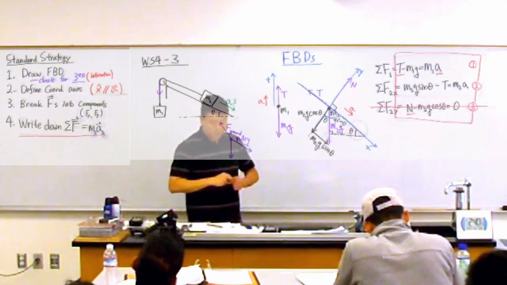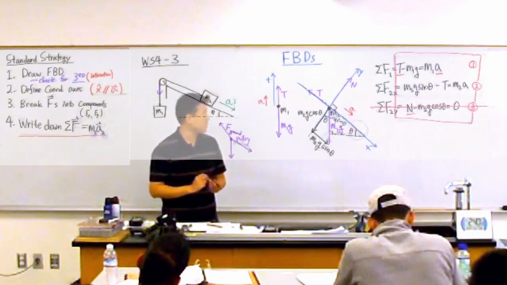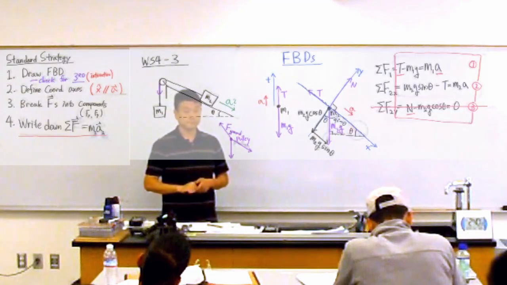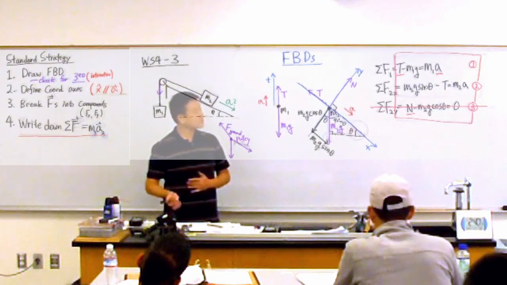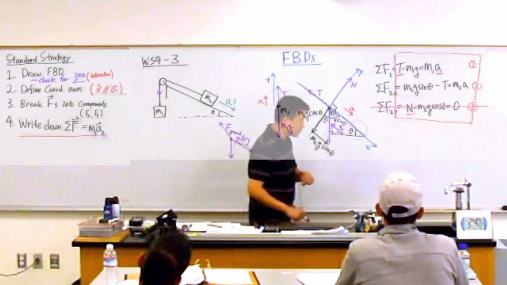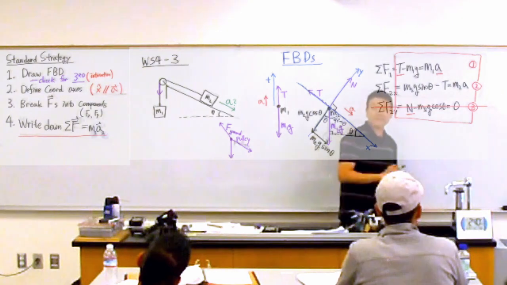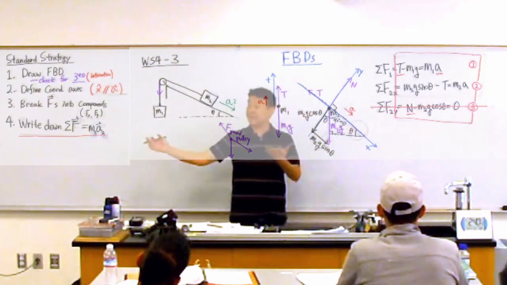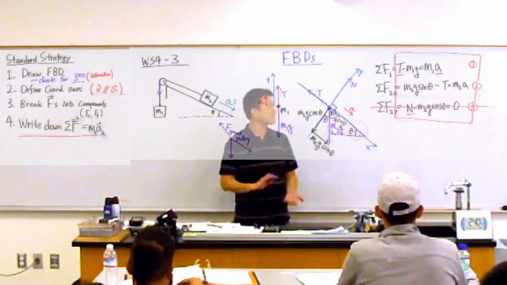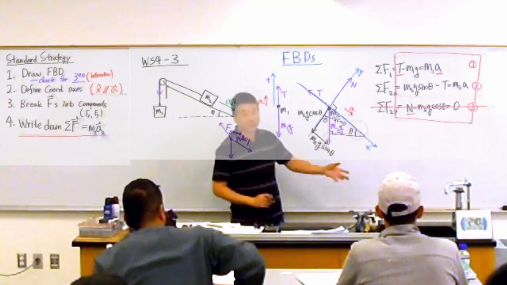Do I want to solve for acceleration first or tension first? It doesn't actually matter because they are asking you for both. So let me do the unusual thing and solve for acceleration first. There's nothing wrong with the unusual thing.